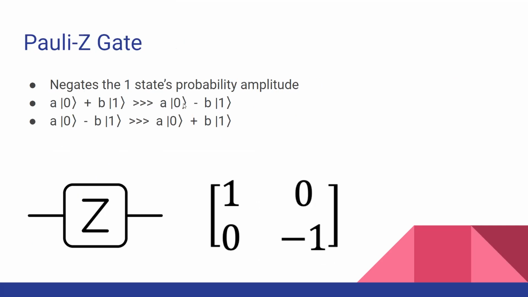And if we were to just feed this back into the Pauli-Z gate, you can see that we just get what we originally had. This is what the Pauli-Z gate looks like. It looks almost like the identity matrix, except the lower right entry is negated, so it's -1.